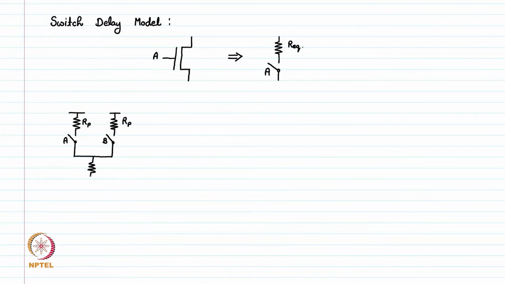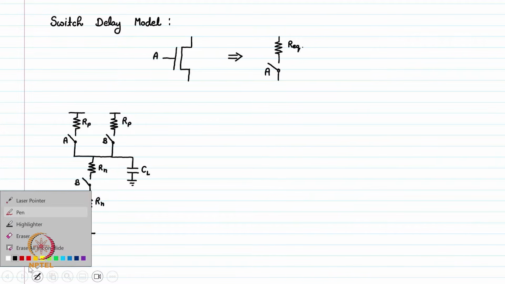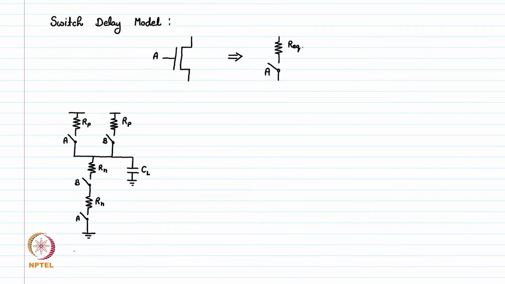It means we have two instances of this model, where the equivalent resistance is Rn, the resistance of the NMOS, and the switch is dependent on B, and the other instance of this model, again the resistance is Rn, but the ideal switch is dependent on the input A. The output node is nothing but a capacitor, which is the load capacitor from the next stage, and we call it CL. So this is a two input NAND gate.